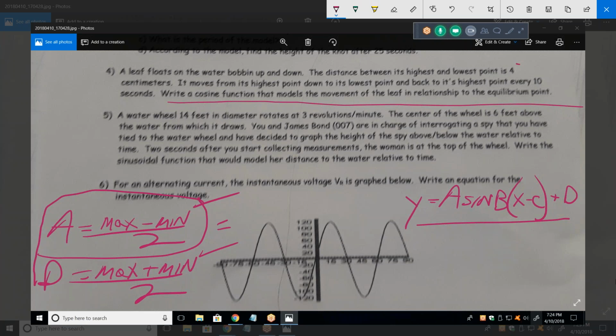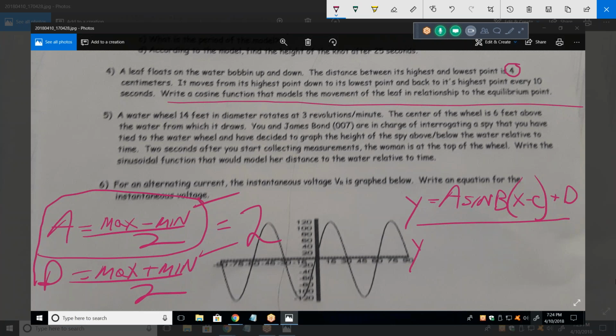What's the maximum minus the minimum? The distance between its highest point and its lowest point is 4 centimeters. So 4, divided by 2 is 2.